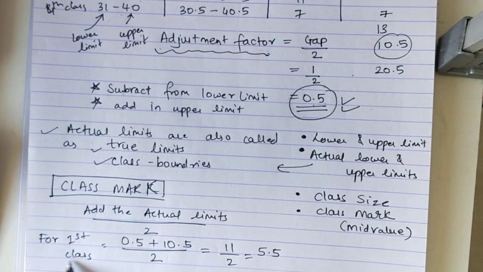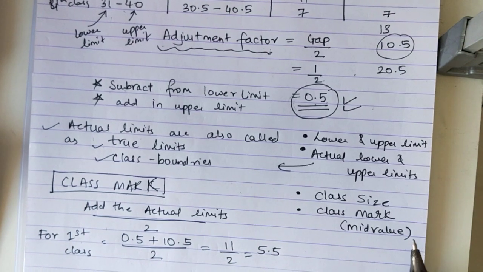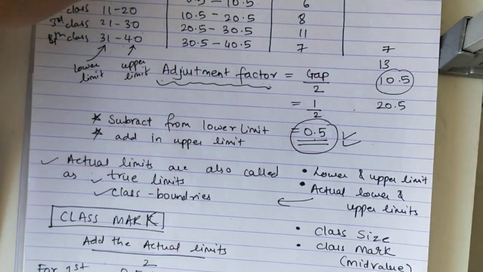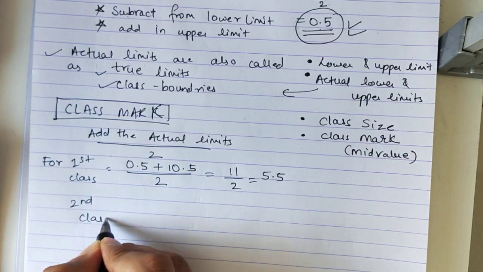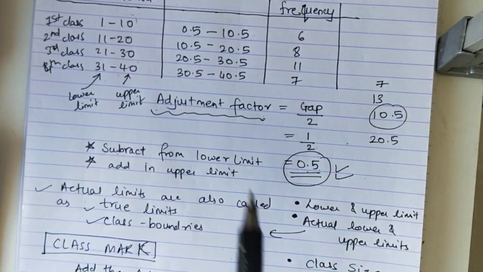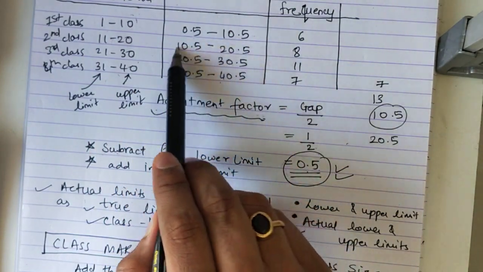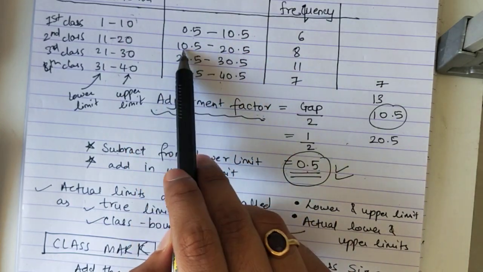So what is the class mark for the first class? Add both the limits and divide by 2. That's it. For the second class, remember, you have to use the actual limits column, not the other column, always.